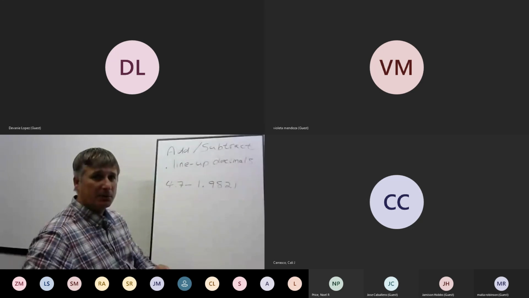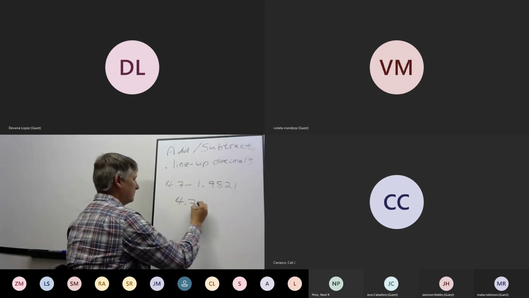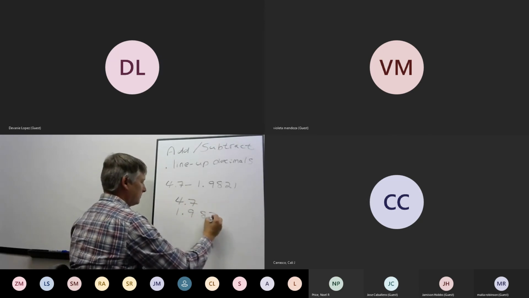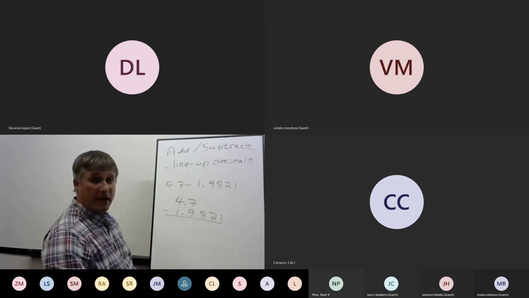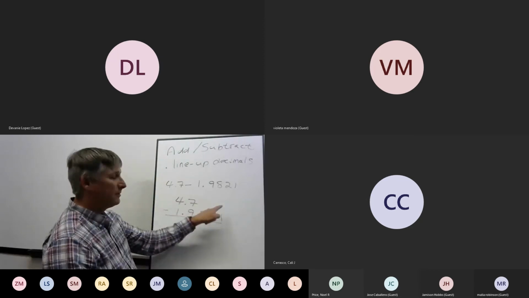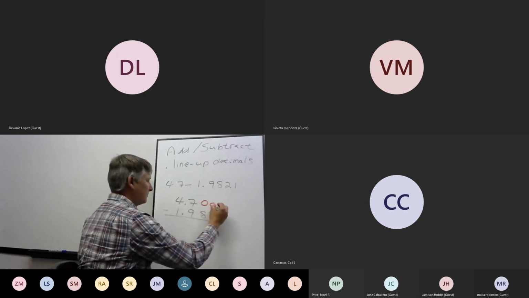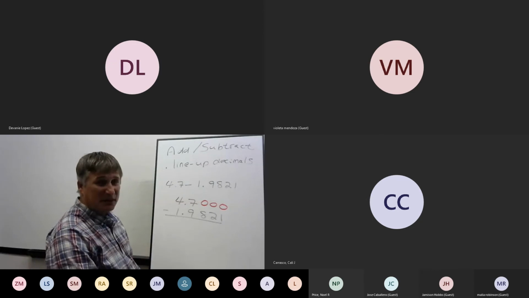First, line up our decimals. So we have blank spots. Let's fill in those blank spots. Now this is a little tricky.